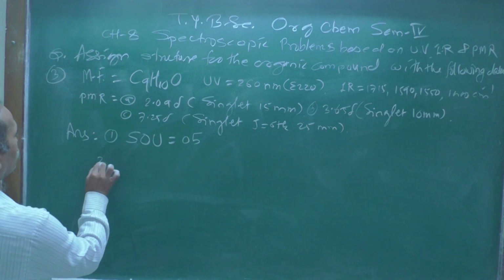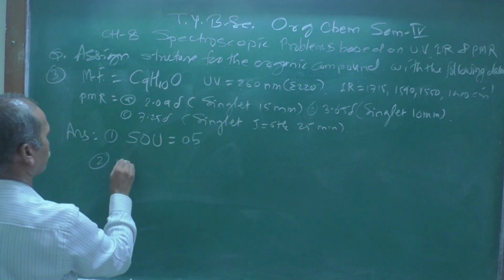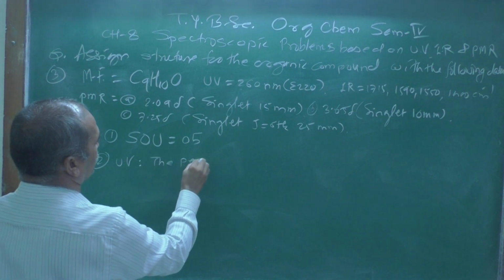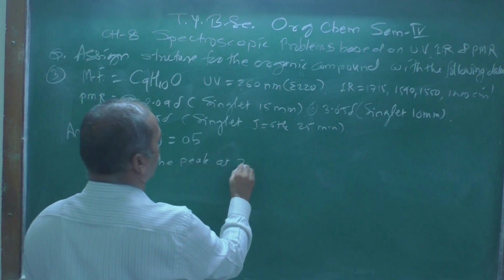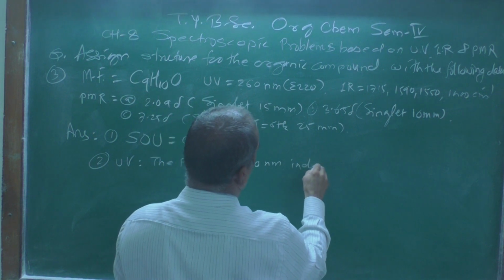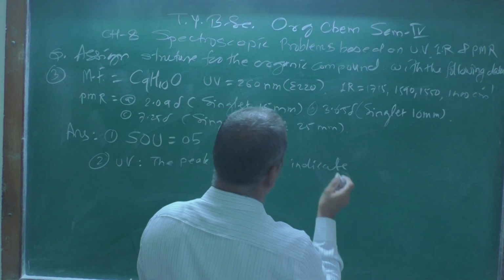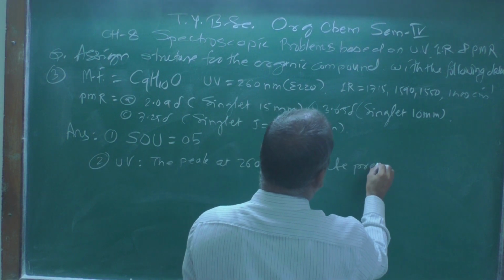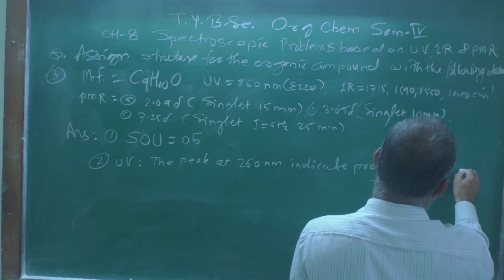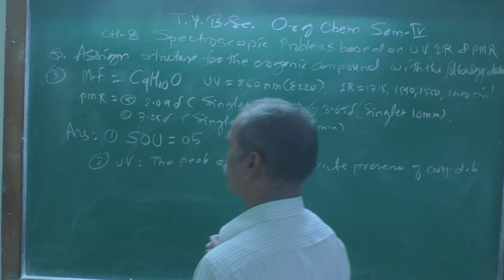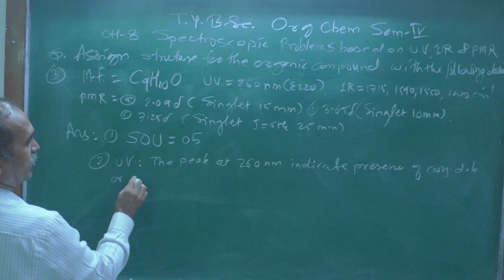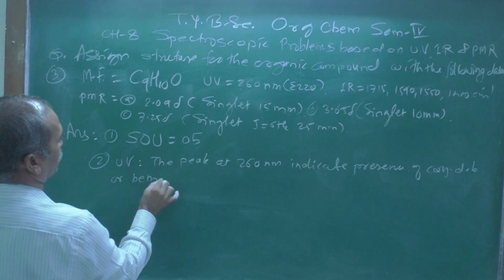Now the second point, UV data. The peak at 260 nanometer indicates the presence of a conjugated double bond, or we can say a benzene ring.